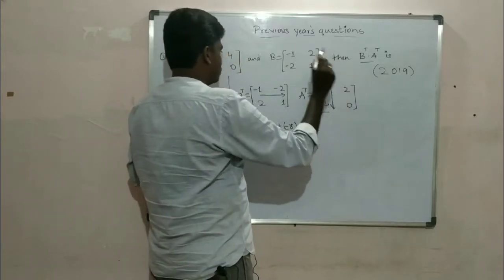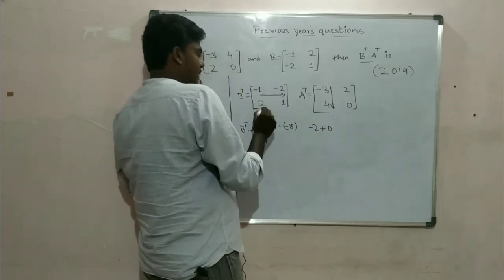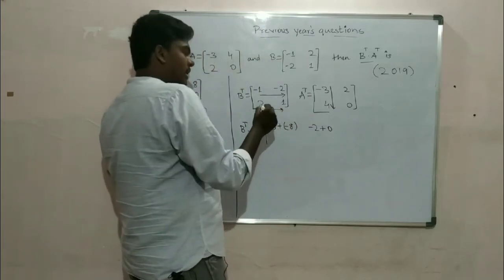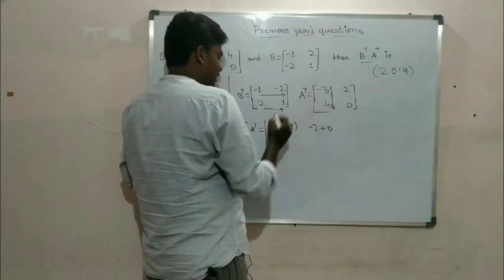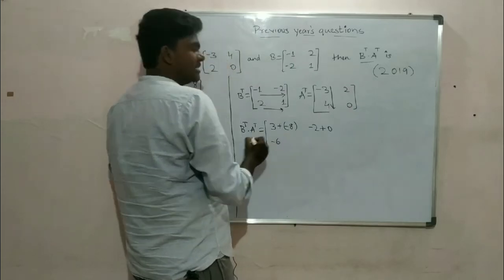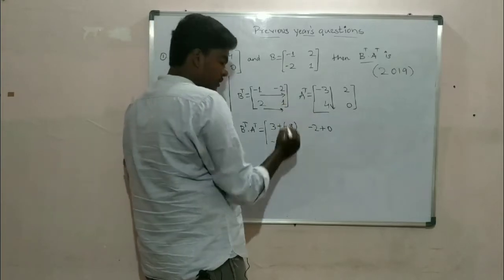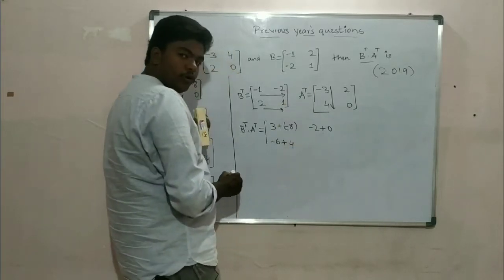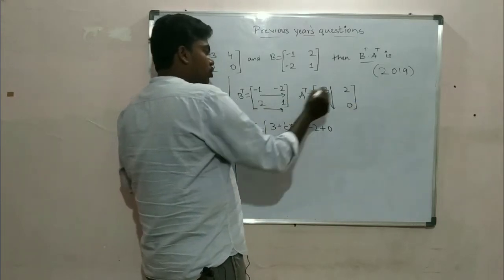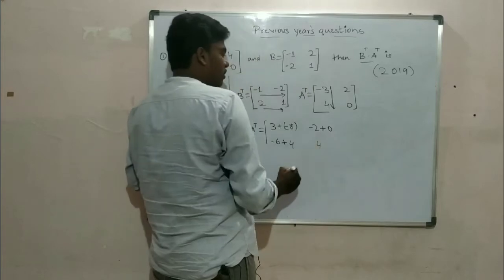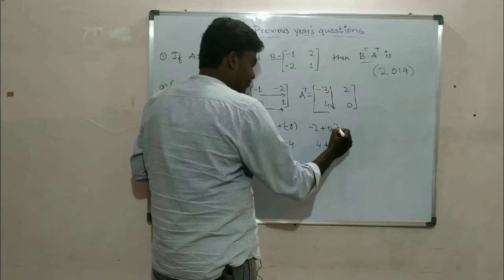Minus 2 into 0 is 0. Then take the second row element and multiply it with the first column and second column. 2 into minus 3 is minus 6, then plus 1 into 4 is 4. Then again take this row and multiply it with the second column: 2 into 2 is 4, plus 1 into 0 is 0.